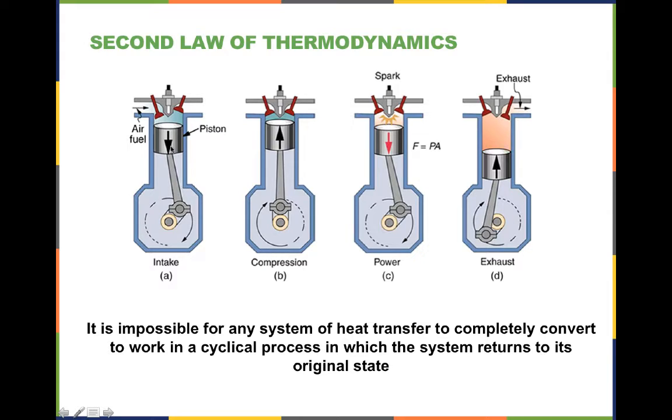In other words, you cannot convert all of the heat that's generated in this process into work when it's returned to its original state. There will always be heat lost, and that's the way the second law of thermodynamics works. The usable energy is always less than the total energy available.